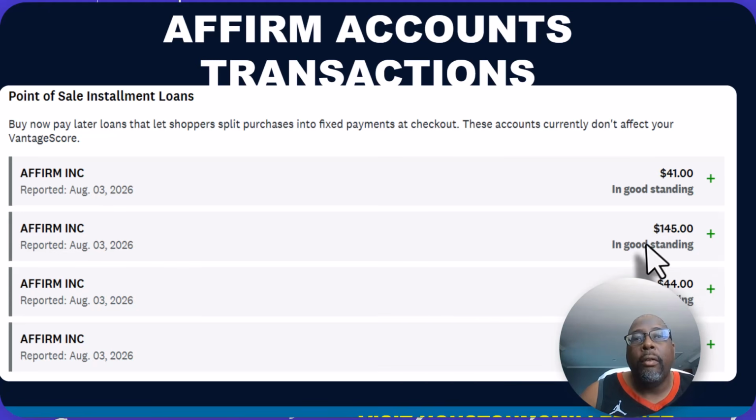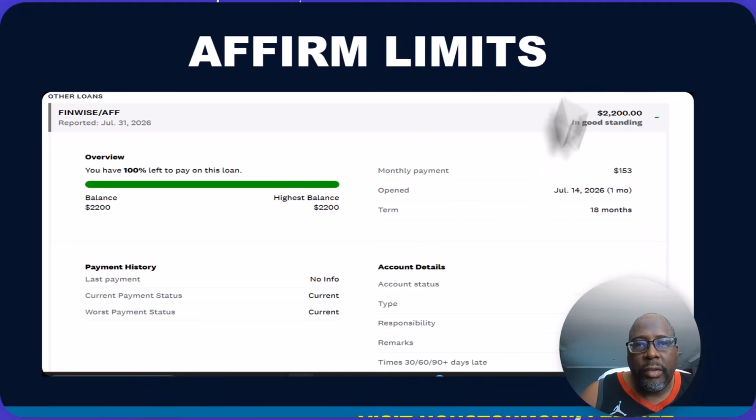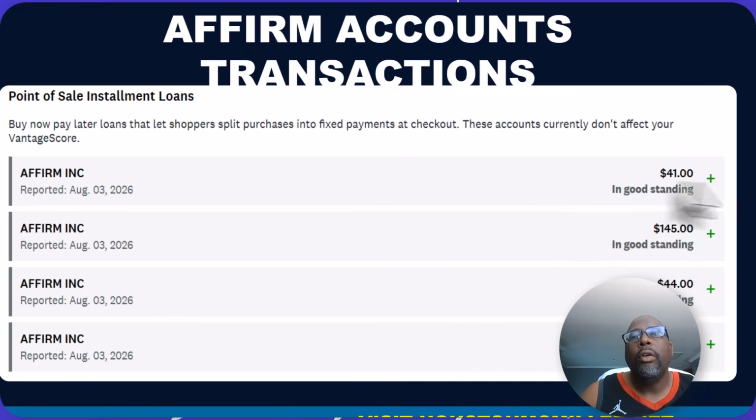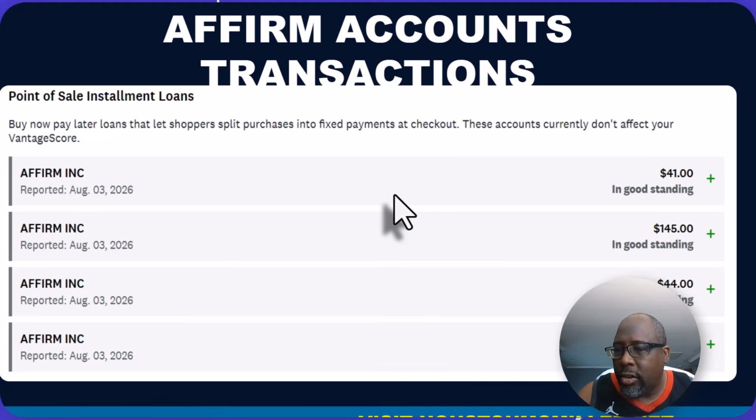Now, remember, his balance was 2,200. Each time that he did a transaction, Affirm reported it as a separate transaction, which they should. It's all different items, different institutions that he did the transactions with.